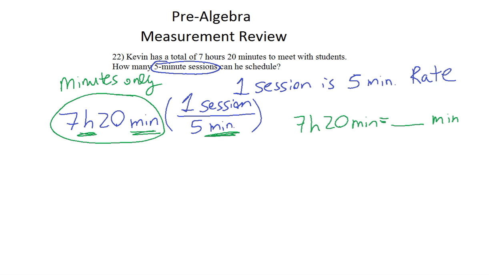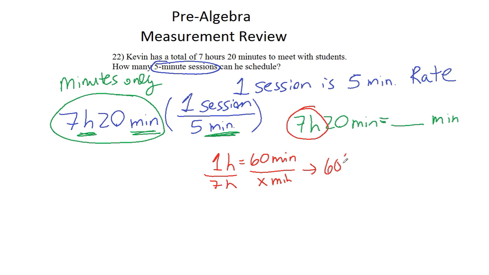You might remember different ways to do this, but I'm just going to look at the 7 hours. I know that 1 hour is 60 minutes. So that means 7 hours would equal this many minutes. Cross multiply and divide, it'd be 60 times 7 divided by 1, which gives me 420.